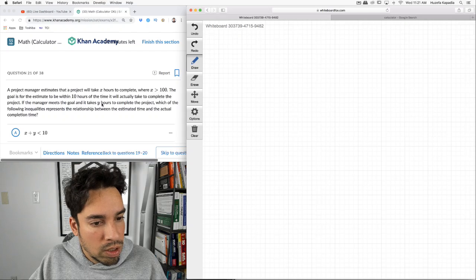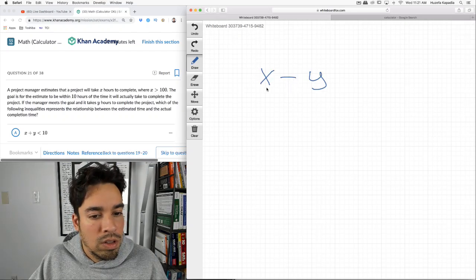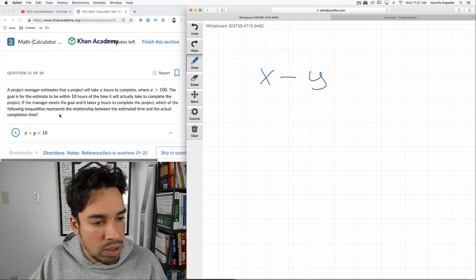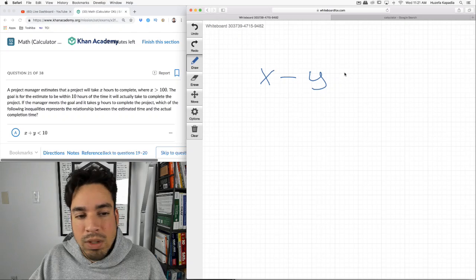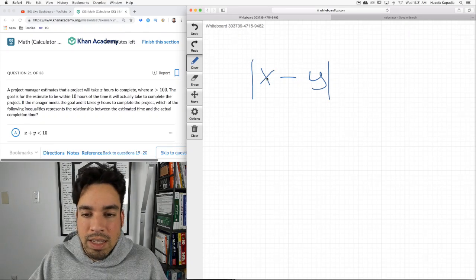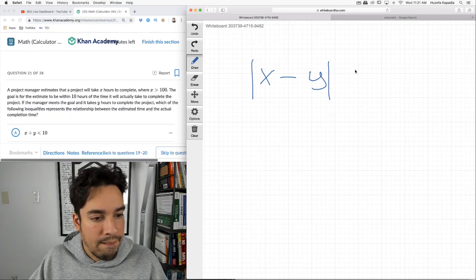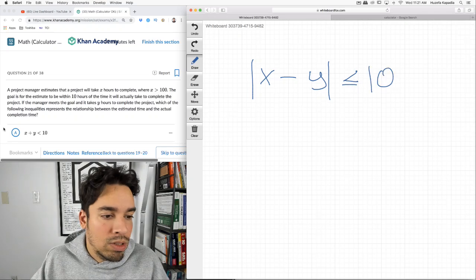If the manager meets the goal and it takes Y hours to complete the project, which of the following inequalities represents the relationship between the estimated time and the actual time? So we mean the absolute value of the difference, because it can be less than or greater than, within 10 hours. It's meaning it's less than or equal to 10.